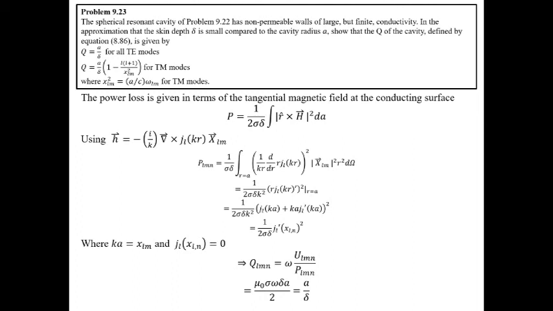Using H equals minus i over k curl of j_l of kr times X_lm, we can write down P_lmn equals 1 over 2 sigma delta times j_l prime of x_ln squared, where ka equals x_ln and j_l of x_ln equals 0. That implies Q_lmn equals omega U_lmn over P_lmn, and the result is a over delta.